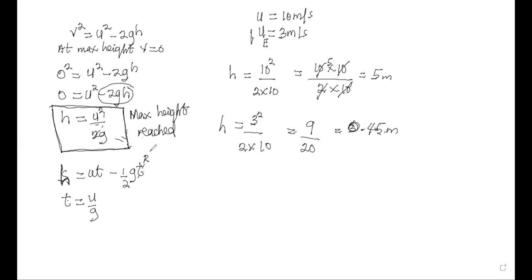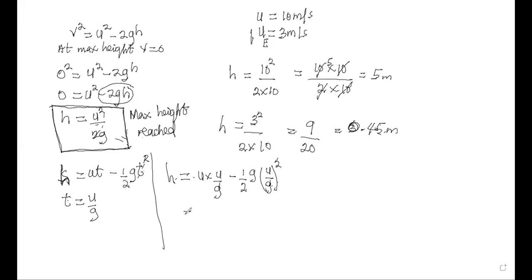So we have H equals U times U over G minus half times G times U over G, all squared.